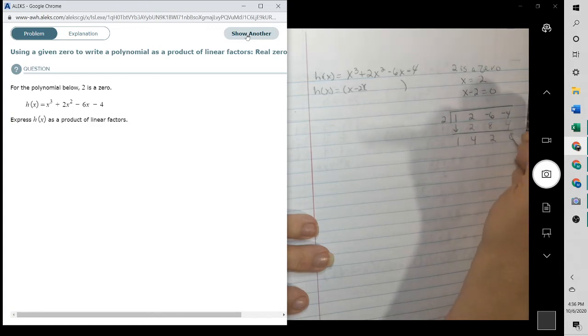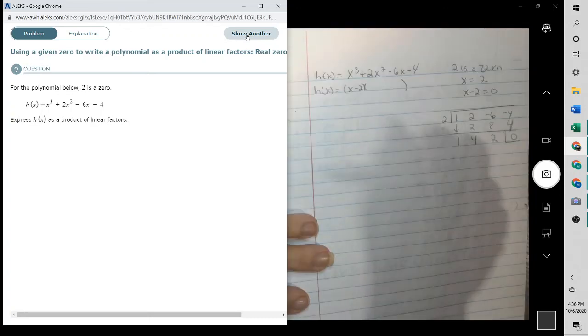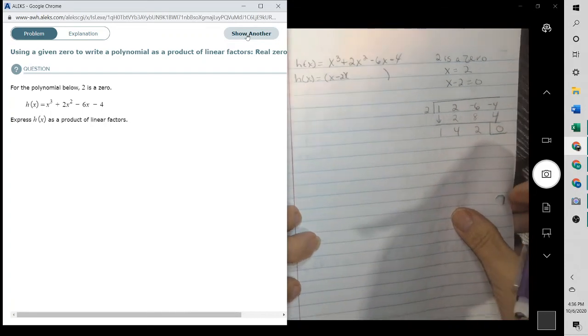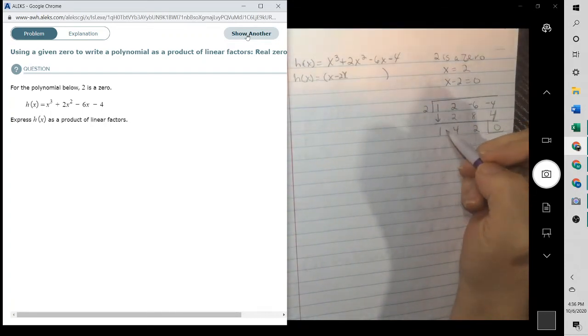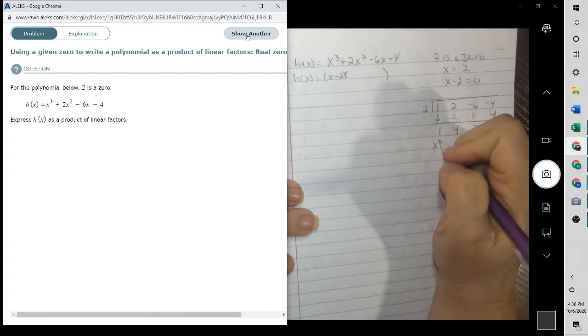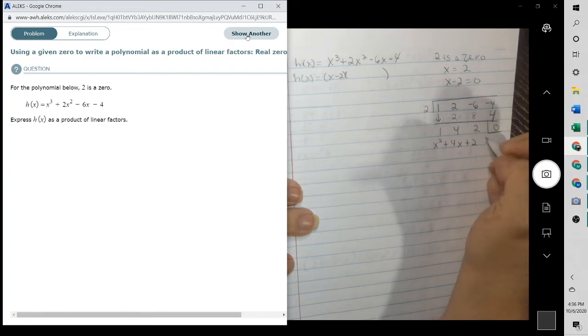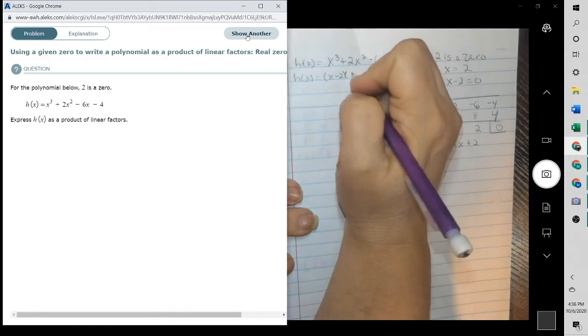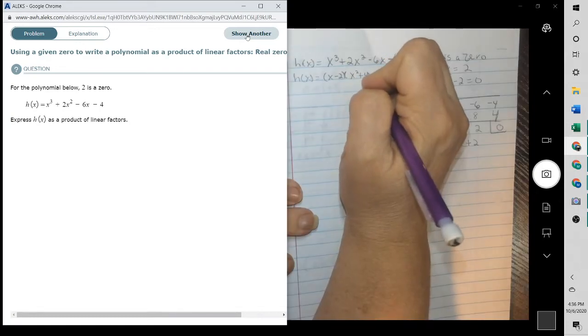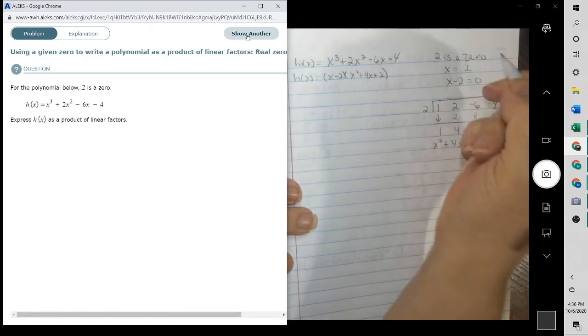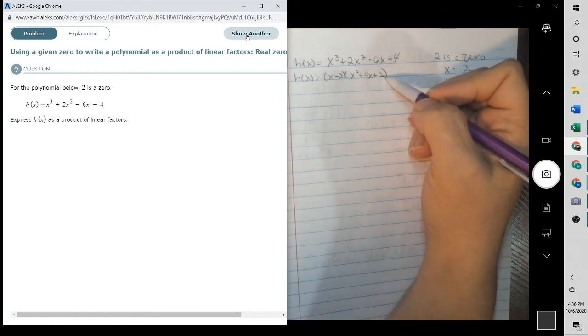We get a remainder of 0, so it worked. This was x cubed. This becomes x squared. Again, this is not factorable.